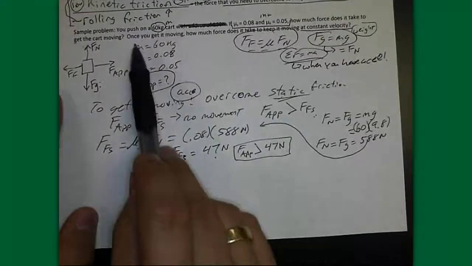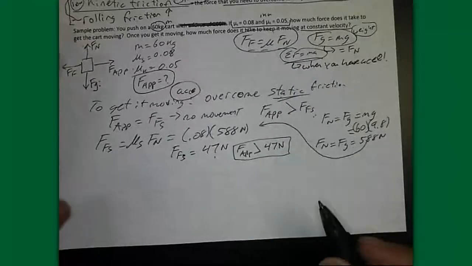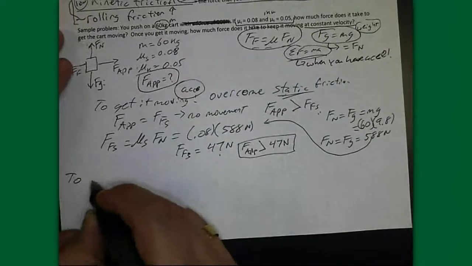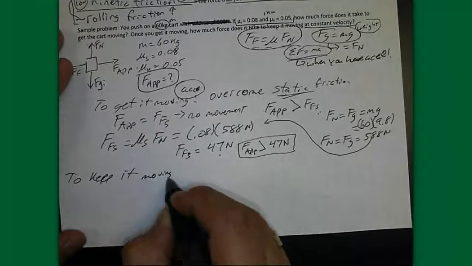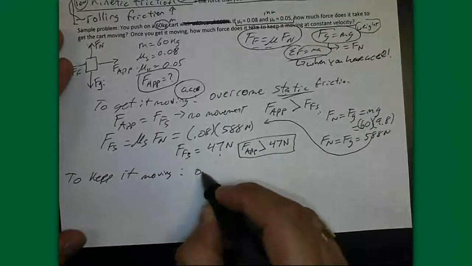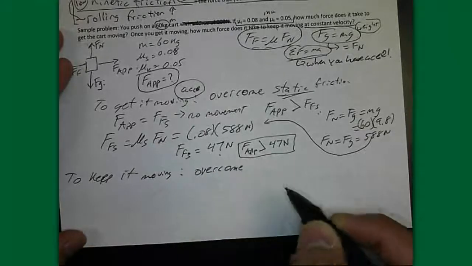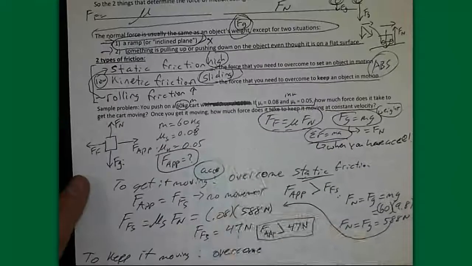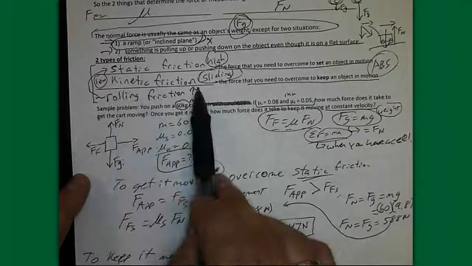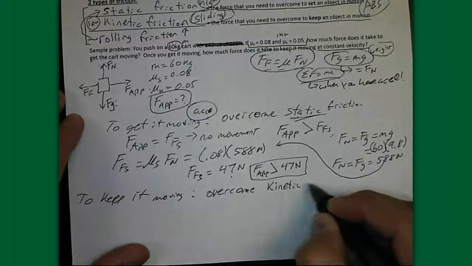Second question is, once we get it moving, how much force does it take to keep it moving at constant velocity? Okay, so I'll write this. To keep it moving, we must overcome a force, or we're fighting a force at least. And that force is friction, but this time it's moving. We're sliding the box. And if it's moving or sliding, we're going to use kinetic friction. So I've got to overcome or fight kinetic friction.